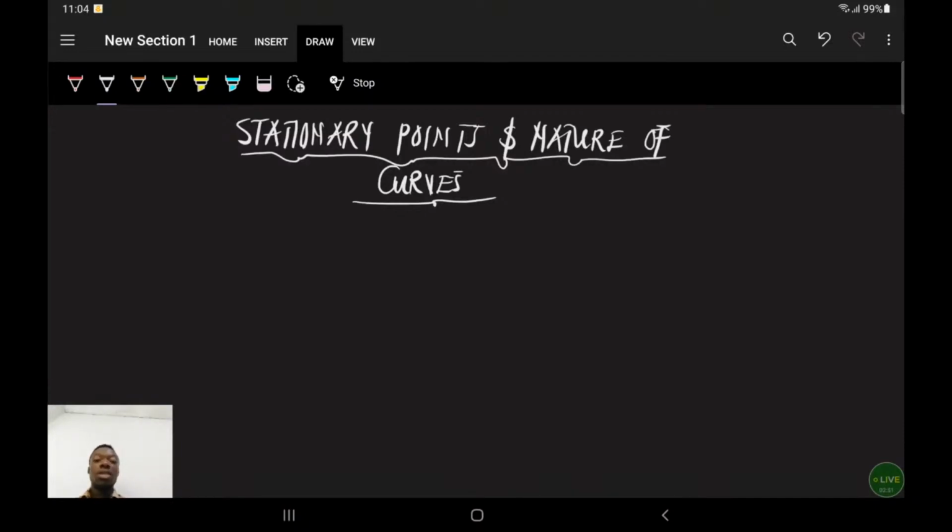We are going to talk about stationary points and the nature of a curve. To start with, a curve is of the form y equals ax squared plus bx plus c, that's in a quadratic form.